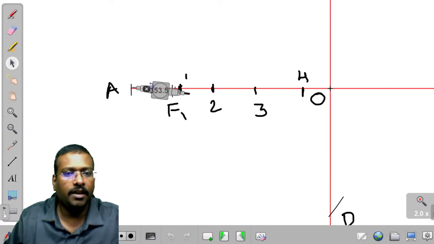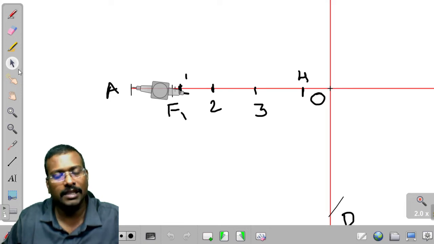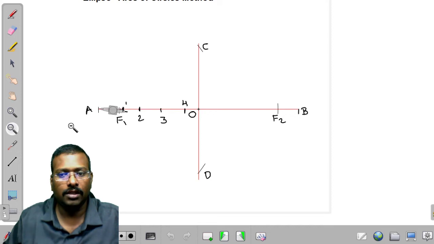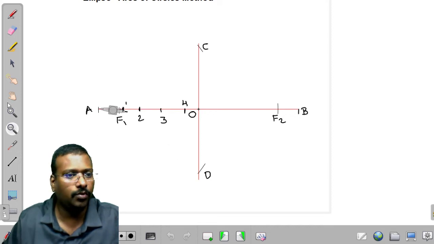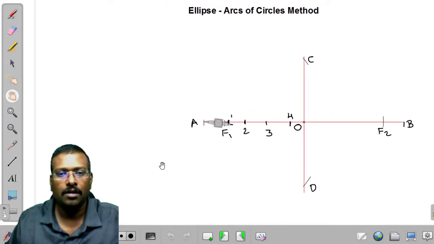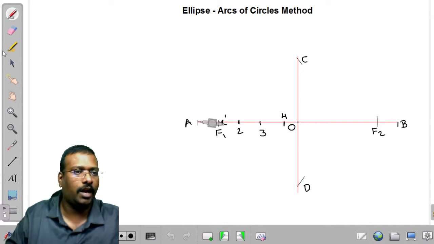Take A1 as radius. We are not going to get this one, so I will explain for A2. Then you apply the same procedure for A1. Due to the constraint of this particular page, we can't do it. Okay, so I will explain for A2. You may go ahead with A1 also.